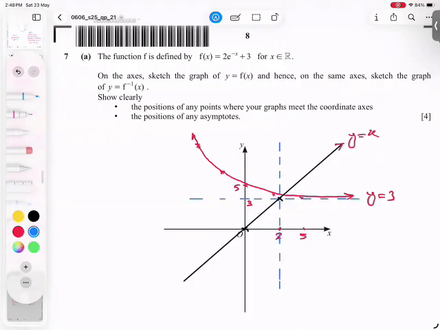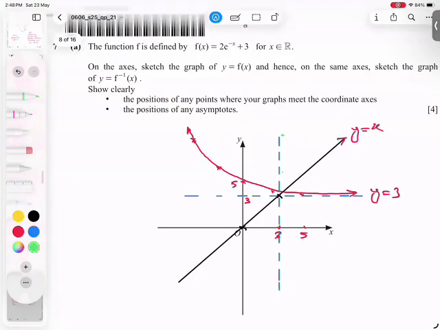Now I'm going to make a black color, or I can make it green color reflection. So this reflection is here, and this point's reflection is somewhere here. And now I'll make the graph. You see, they are reflections of each other.